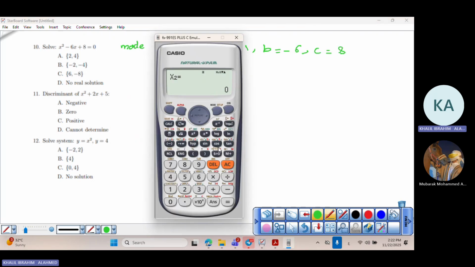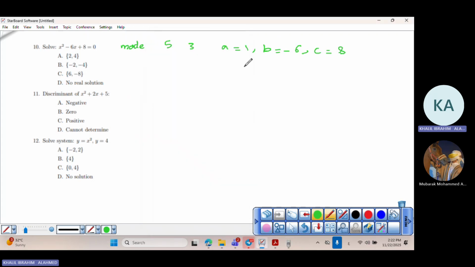If you use the calculator, mode 5, 3, A equals 1, B negative 6, C 8. The answer is 4 and 2. Yes, x equals 4 and x equals 2.